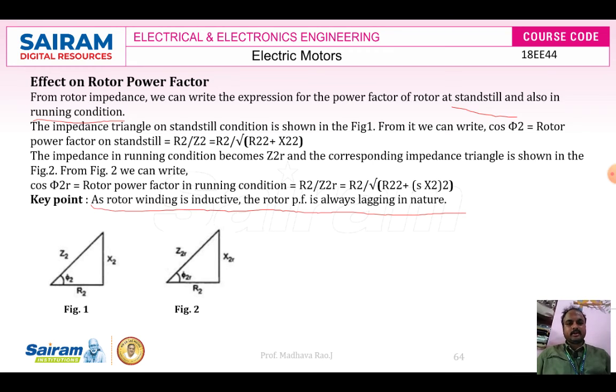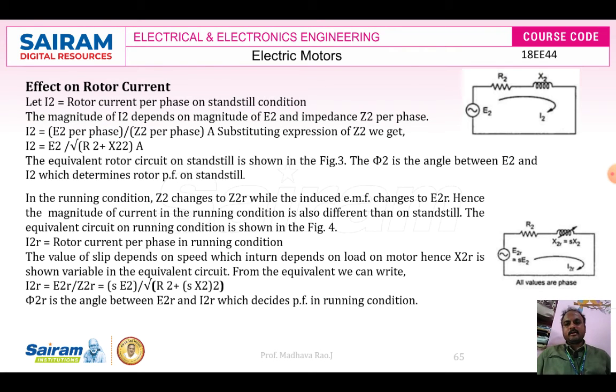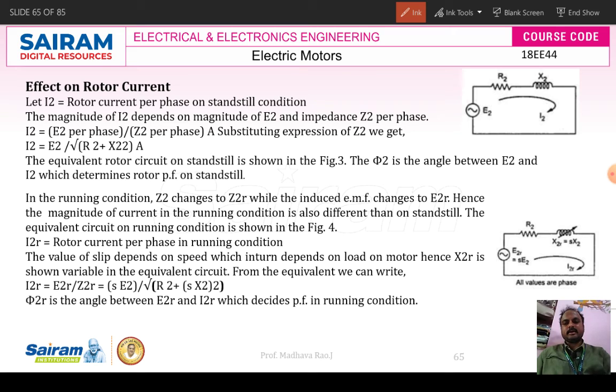One more is the effect on rotor current. The rotor current I2 we are assuming is the standstill condition rotor current. So rotor current we can write as E2 by Z2, where Z2 is the root of R2 square plus X2 square.